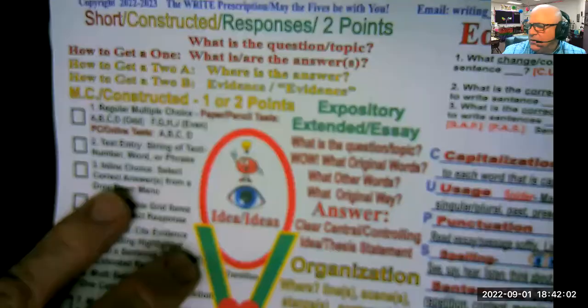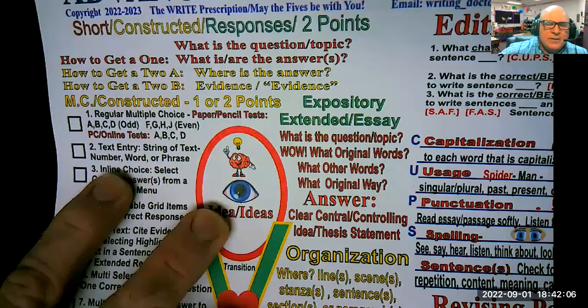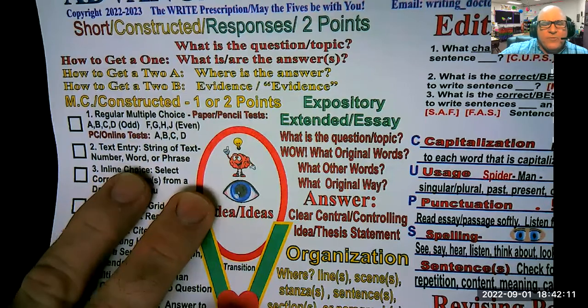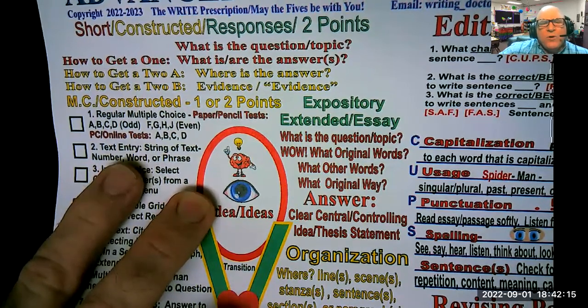So what I'm going to do is share my screen with you and show you on the folder which one we're going to focus on. Text entry, a string of text, number, word, or phrase. Now, what I suggest that you do is go from the known to the unknown.